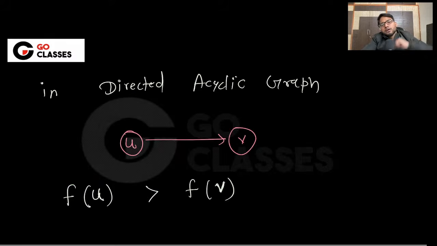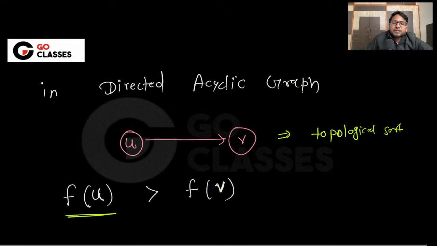Okay. You will be finishing this first, you will be finishing this later on. Cool. Does this give you some idea about something called topological sort? Okay, we will talk about it. So basically from here, actually we can derive something called topological sort in the DAG. See, as you always know that this finish time is greater, right? This finish time is greater than this.